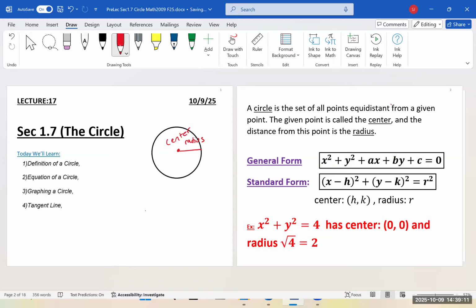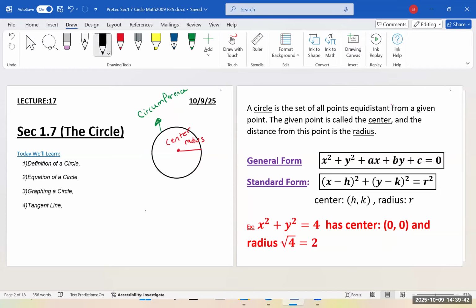Radius is the distance from center to the boundary. Do you know what do you call the boundary? The all round thingy? Circumference. So a circle has a boundary named circumference. It has a middle point, we call them center. The distance between center and the circumference is radius.